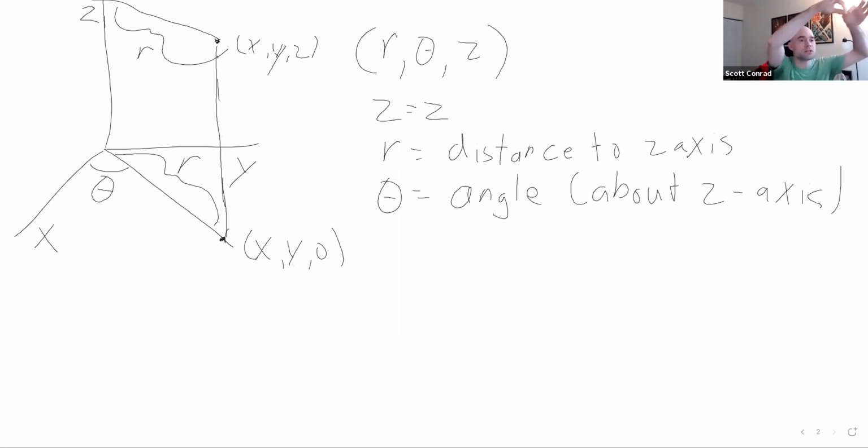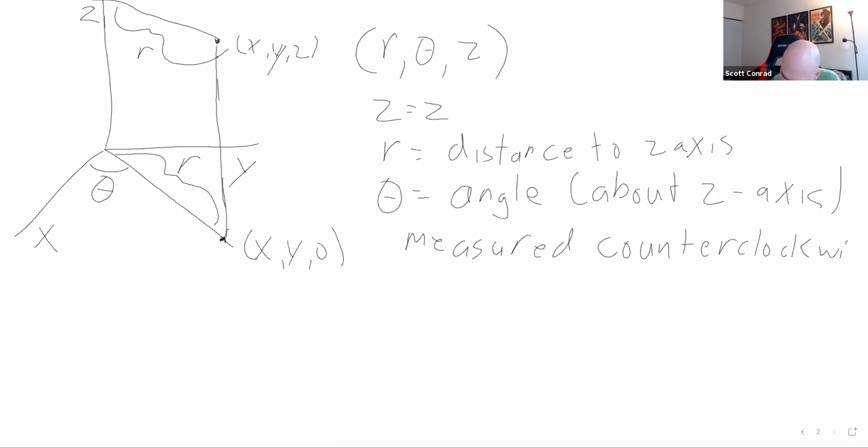So taking your point, if you start it above or below the positive x-axis, it's the angle measured counterclockwise from the positive x-axis. Everything directly above and below the positive x-axis, the angle theta is 0, right?